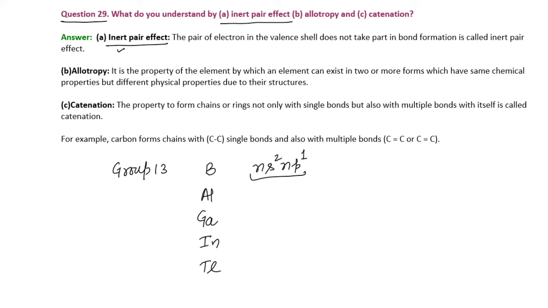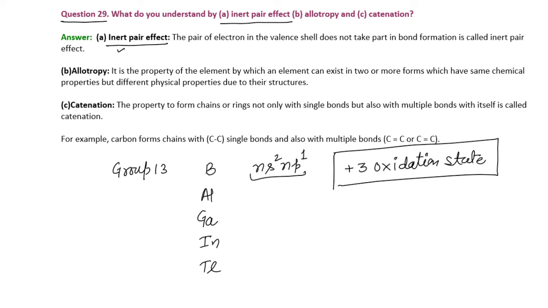Total electrons 3, 2 electrons in the s and 1 electron in the p orbital of the valence shell, right? So these are expected to show uniform +3 oxidation state. Okay, so they should have +3 oxidation state.